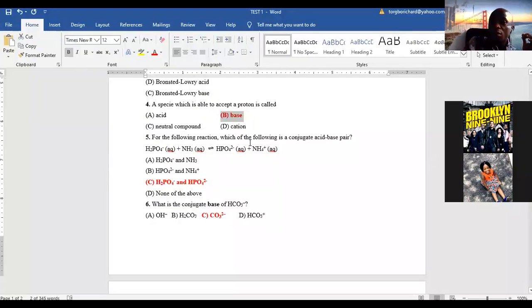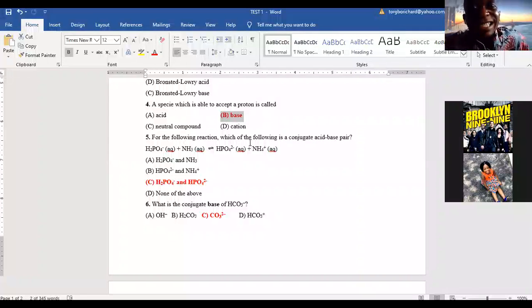You chose base and I mark you right, or you chose acid and I mark you right. It's a base, not an acid.